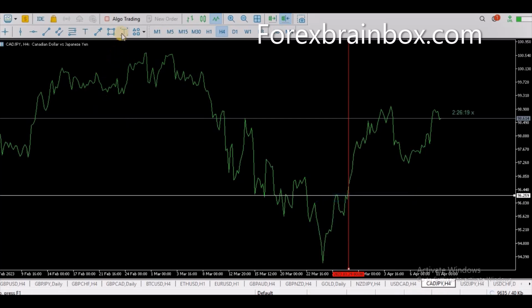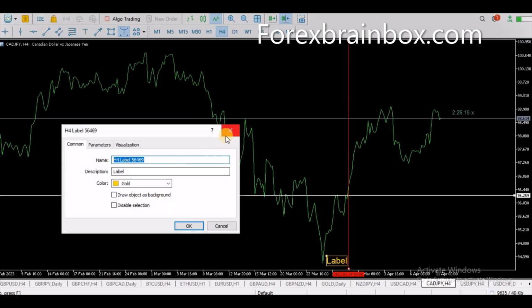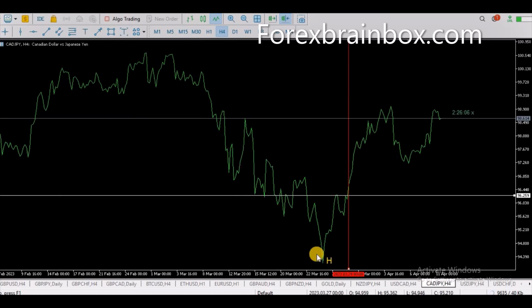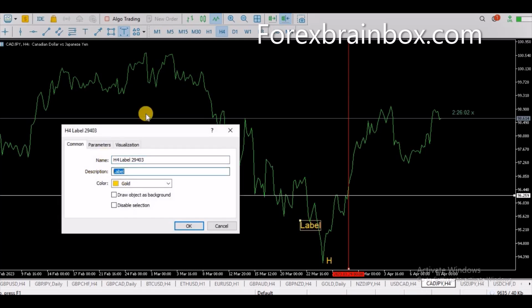Let me put it in text. This is the head. And these are the shoulders. I'm going to call the shoulders S. This is the first shoulder, Shoulder 1.